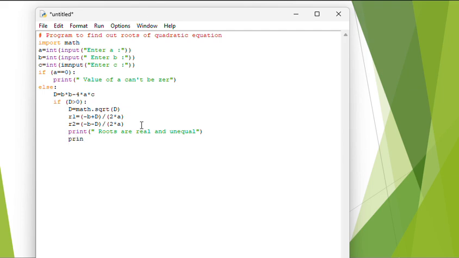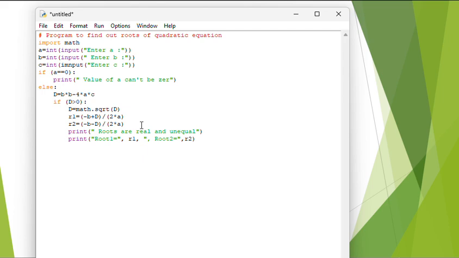Print root 1 equals to r1 comma root 2 equals r2. Done. This you can say block is over.